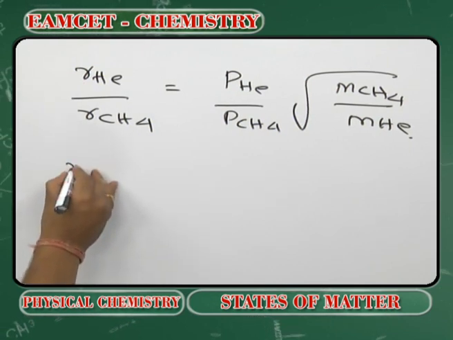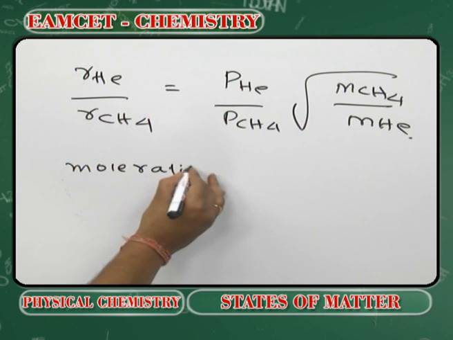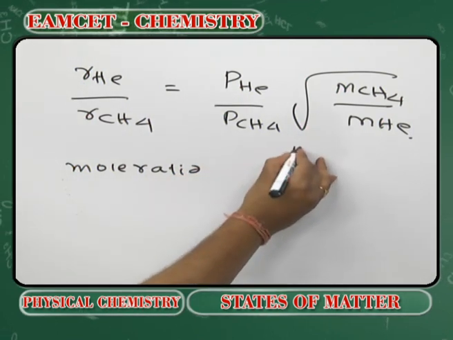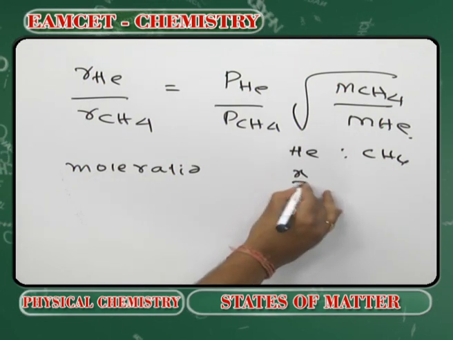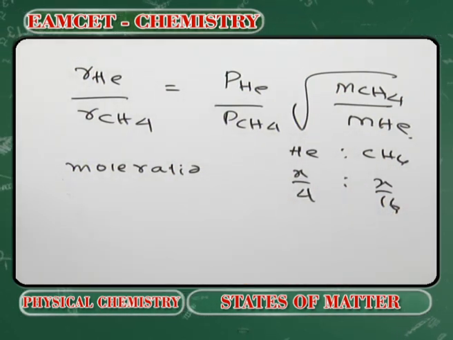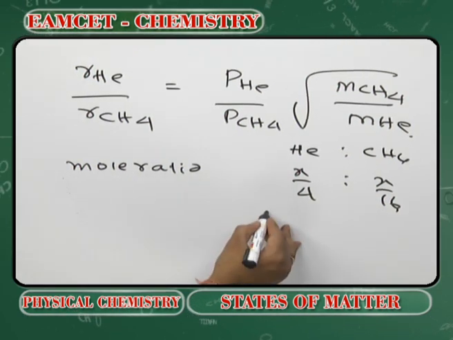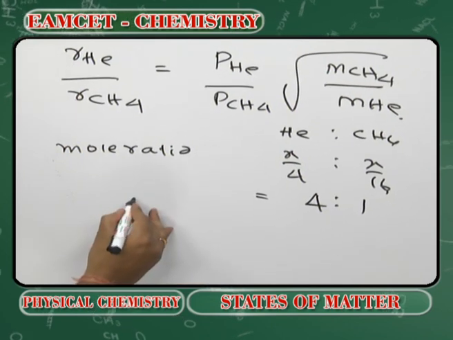What is the mole ratio of helium and methane? x by 4, x by 16. So what will be the mole ratio? 4:1. What are the mole fractions?